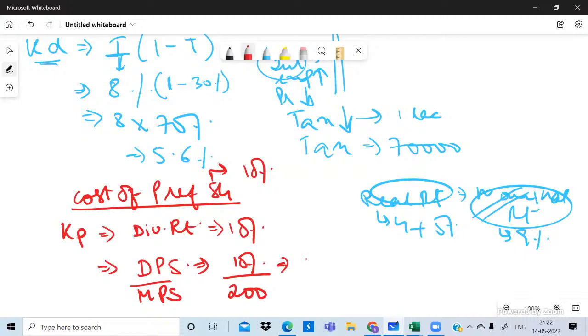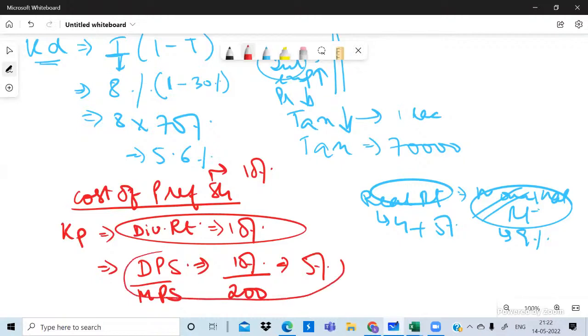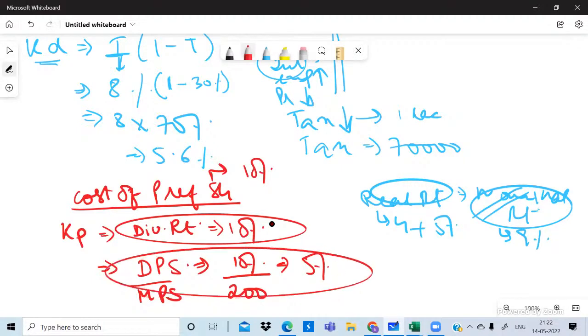Then in that case, your cost of preference will come as 5%. So in case the shares are not listed and traded, then I will directly take my dividend rate as my cost of preference. In case my shares are trading in the market, they're listed, then my cost of preference will be dividend per share upon market price per share.